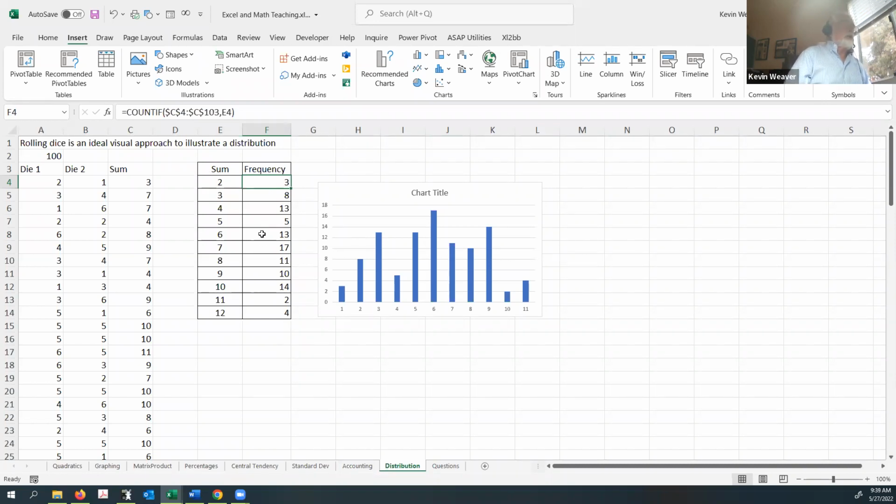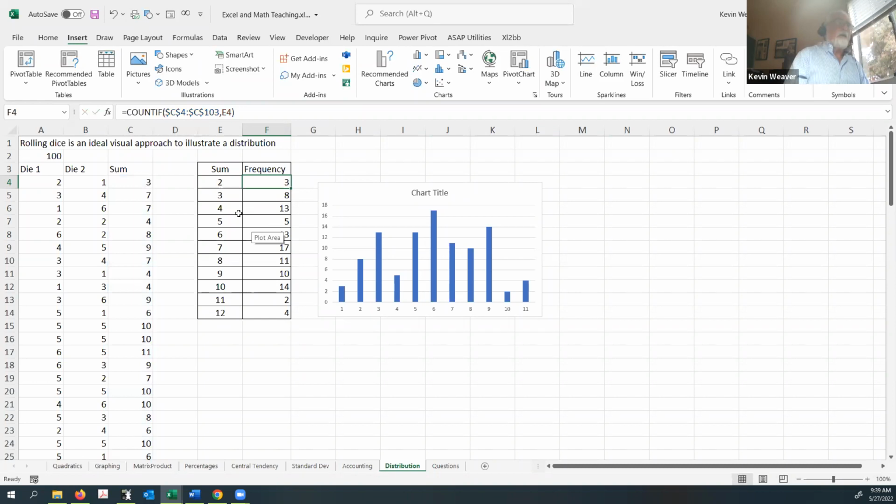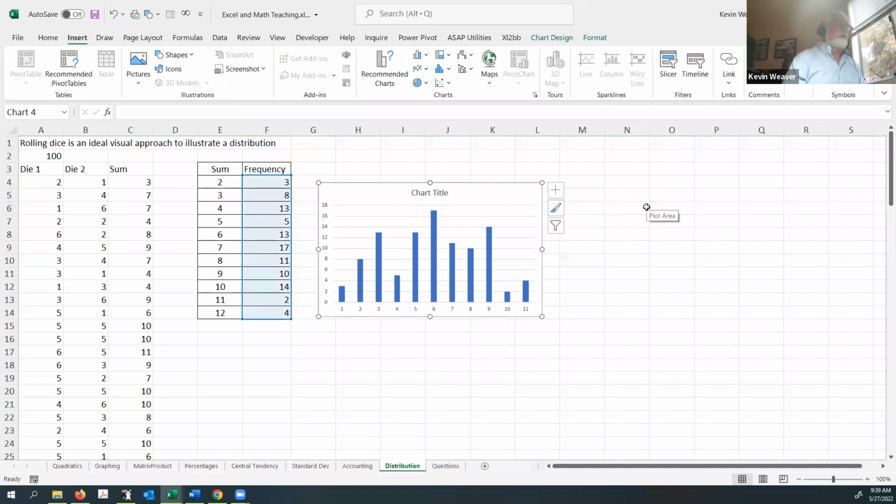So I used the function in Excel called COUNTIF: the data, my array, my range from C4 to C103, matches what's in E4. That's a 2. And I calculate how many were 2s, how many were 3s, how many were 4s, and then I graph the frequency.